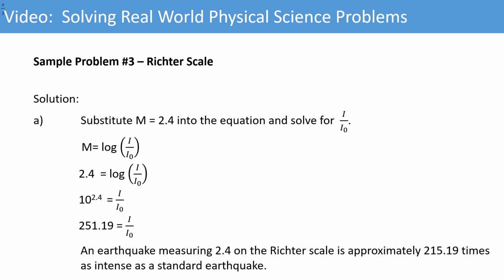And that works out to be 251.19. So this means that an earthquake measuring 2.4 on the Richter scale is approximately 251.19 times as intense as a standard earthquake.